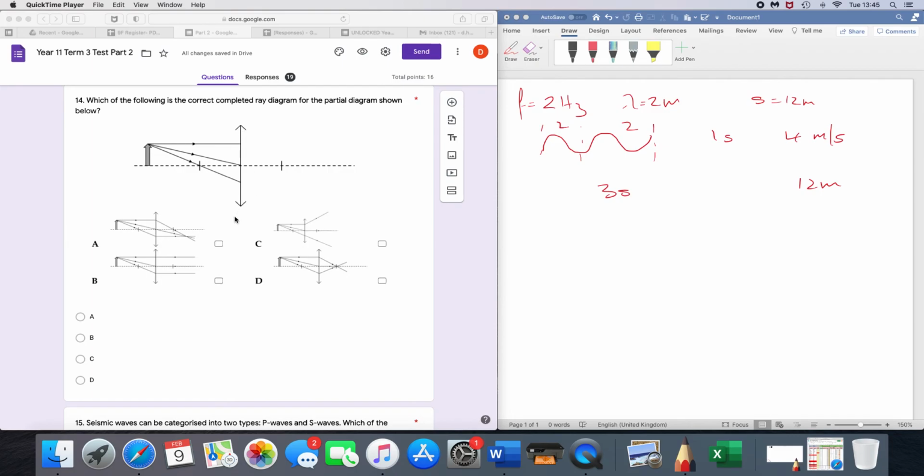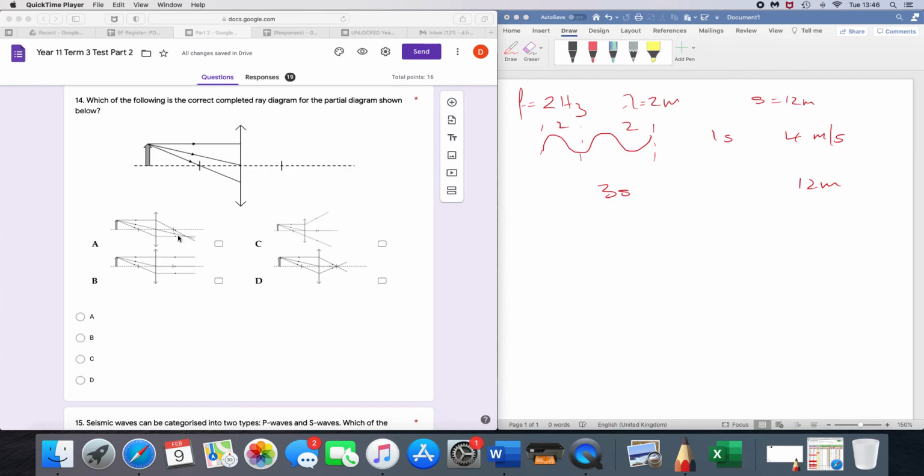Convex lens. We would expect this ray to come out through the principal focus. We'd expect this ray to go straight through the optical center. And we'd expect this ray that comes in through the focus to come out parallel to the principal axis. So that's what we're looking for.